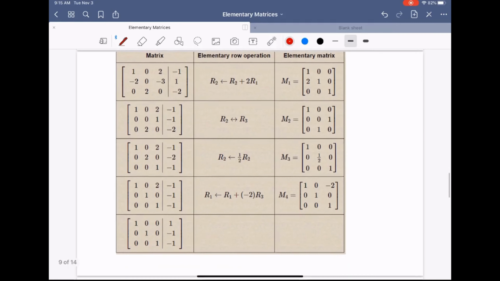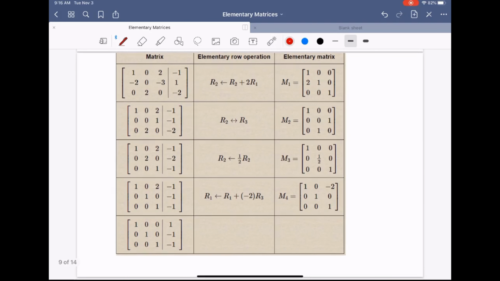All right, now, given that, you could see here that we have the original matrix. We can look at the elementary row operation, and then this elementary matrix, this matrix here, tells you how this particular elementary row operation works. So what we would do is we'd multiply A by M1, and that would give us the revised matrix.